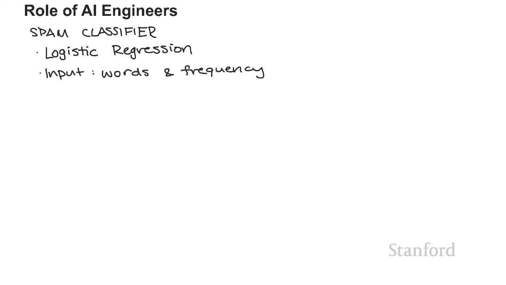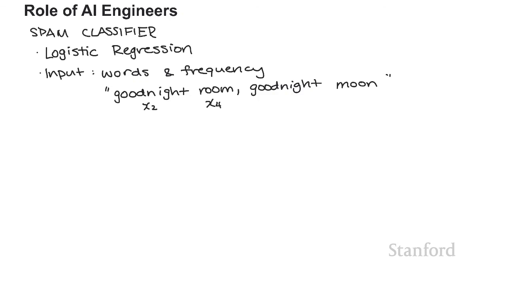For every single word that appears in the training data, it will correspond to a specific X. For example, if we had the sentence, goodnight room, goodnight moon, and the word goodnight corresponded to X2, the word room corresponded to X4, and the word moon corresponded to X1, then the input would look something like this, where everything else would be zeros.